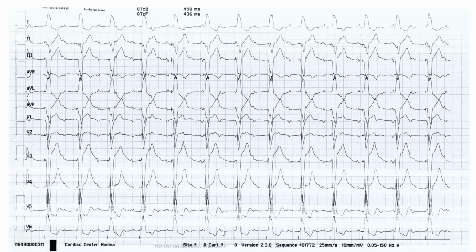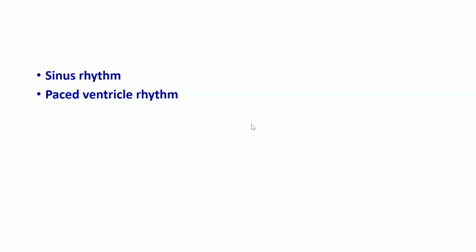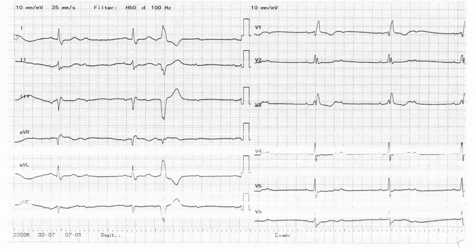You can also confirm this is a VVI pacemaker because the ventricular activity has no relation with the atrial activity. The pacemaker is activating the ventricle at a certain rate without looking at the atrial activity, whether it conducts to the ventricle or not. So sinus rhythm, paced ventricular rhythm, VVI.